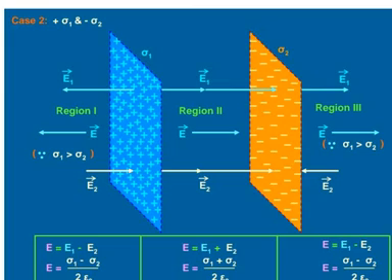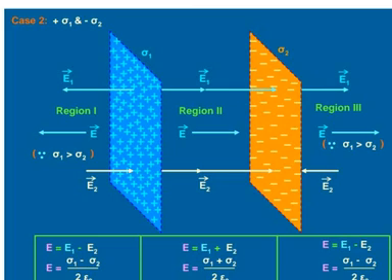Now, note down that if this question comes in the exam and it is given that the sheets have densities plus minus sigma, meaning sigma 1 is equal to sigma and sigma 2 is equal to minus sigma, then what will be your answer?